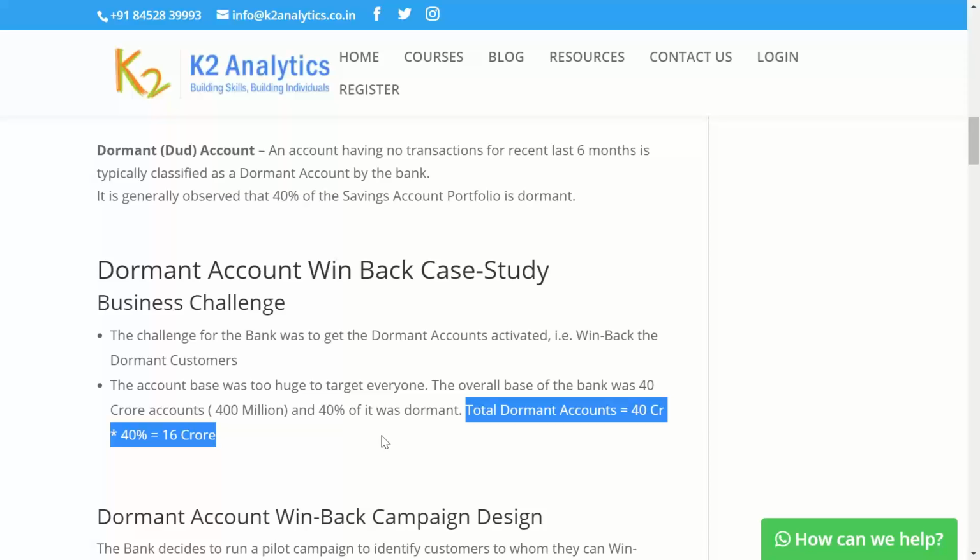Even if you assume the cost of campaigning per customer is 20 rupees, targeting 16 crore dormant accounts would mean spending 320 crore rupees. So it is a huge cost.